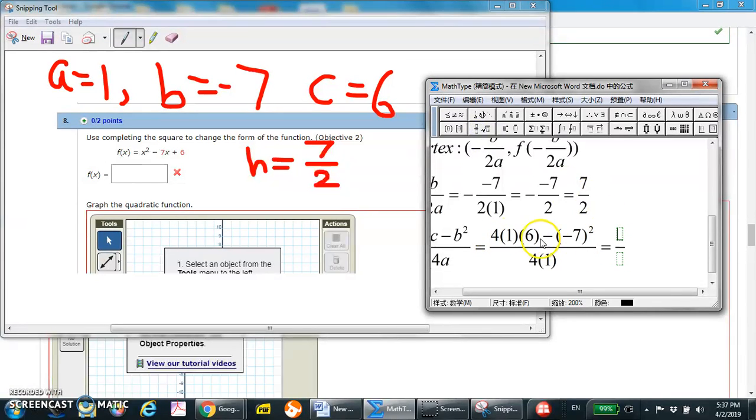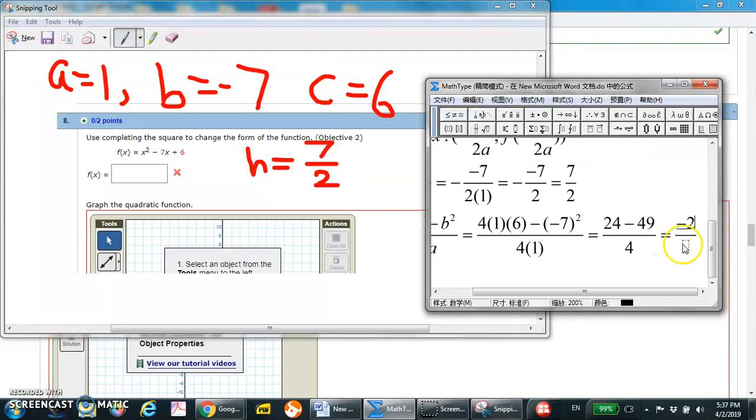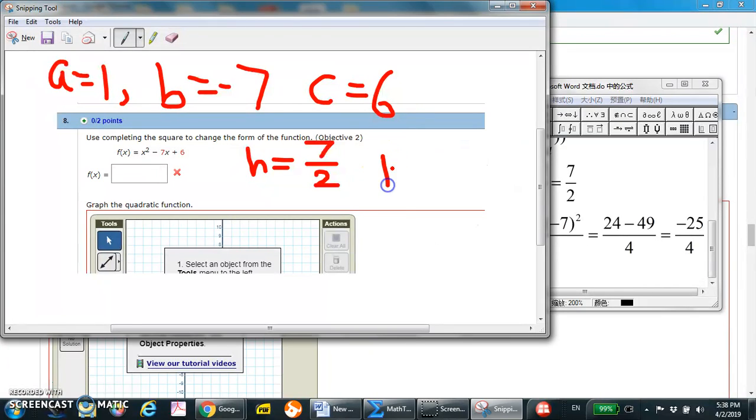So 4 times 6, that's 24, minus -7 squared, that is -7 times -7, so that's 49, over 4. 24 minus 49, that is -25 over 4. So now k is equal to -25 over 4.